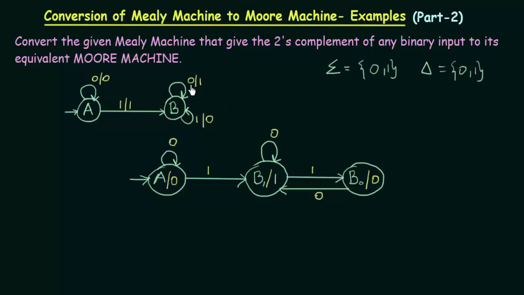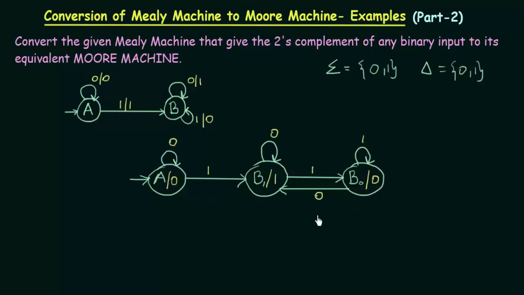Because when it gets input 0, the output associated should be 1, and this B1 has the output 1 associated to it. That is why I send it this way. And then when B gets the input 1, what happens? It should go to B itself and give output 0. So what I can do is I can send this B0 to this B0 itself when it gets the input 1. Why? Because it should give output 0 and this B0 already has an output 0 associated to it.